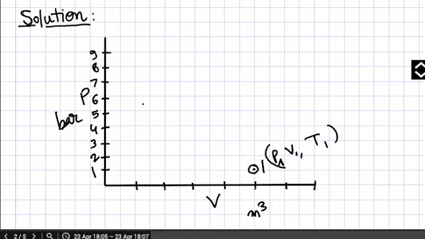So suppose I show this here at 2, and I show the state parameters by P2, V2 and T2. So it becomes easy to visualize things this way.